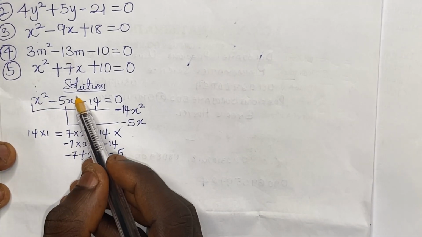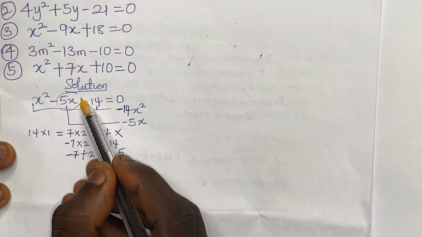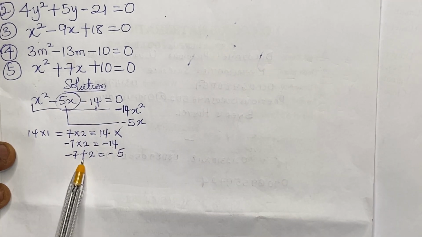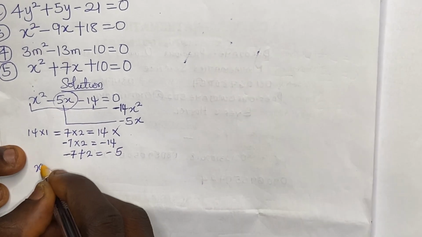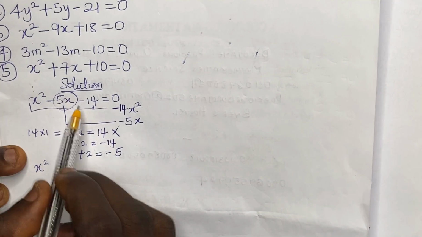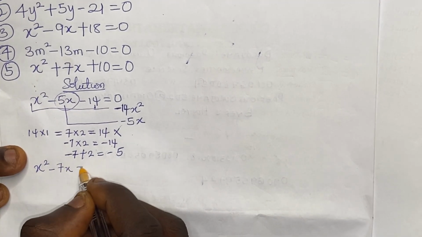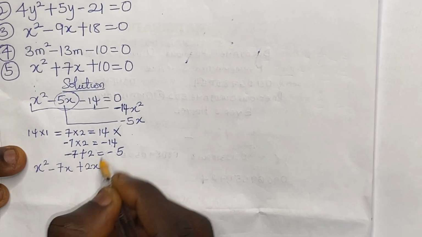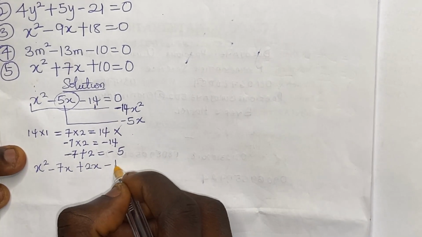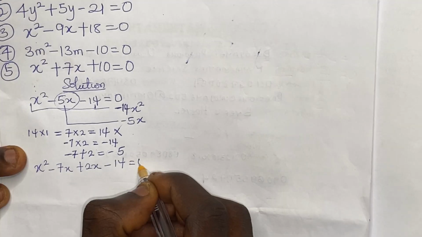So now you change this middle term, and it becomes x squared, then instead of minus 5x, we now write minus 7x plus 2x, then minus 14 equals 0.